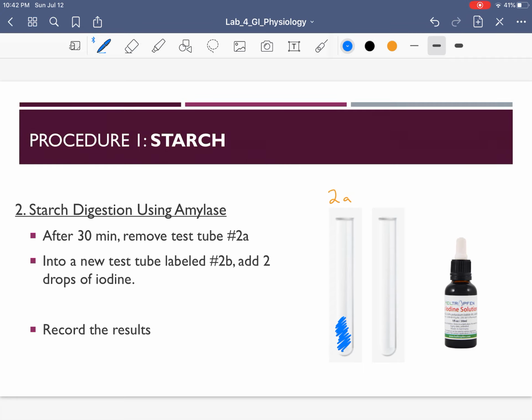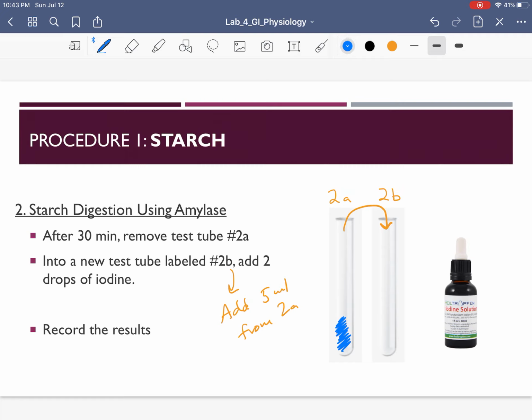All right. Now we're going to make a new test tube, 2B. And to that test tube 2B, it's not written here, but you're also going to take some of the solution from test tube 2A to test tube 2B. So into a new test tube labeled 2B, we're going to add 5 mils, and I apologize for the typo.